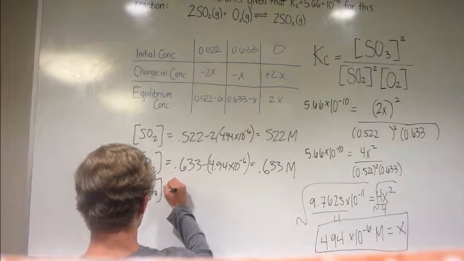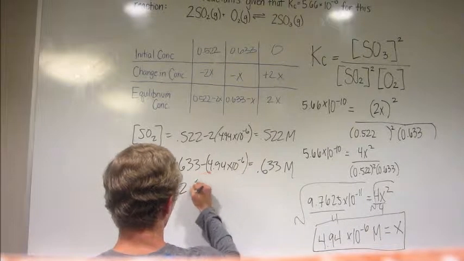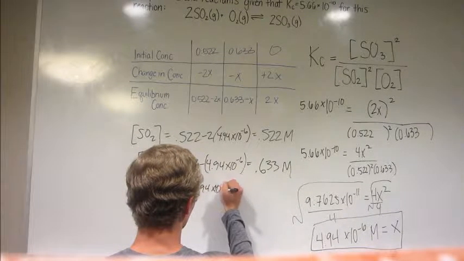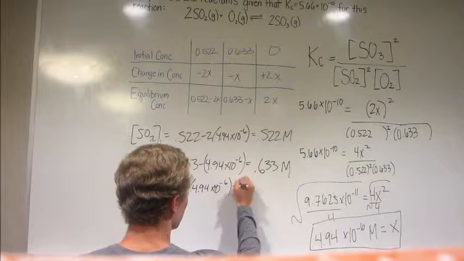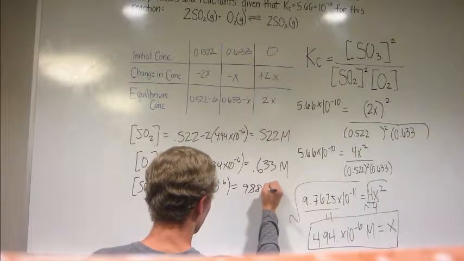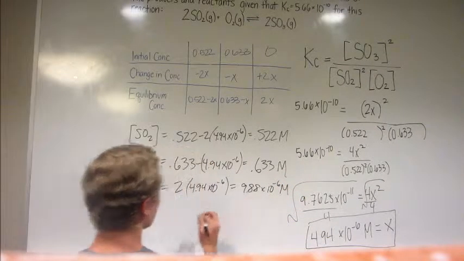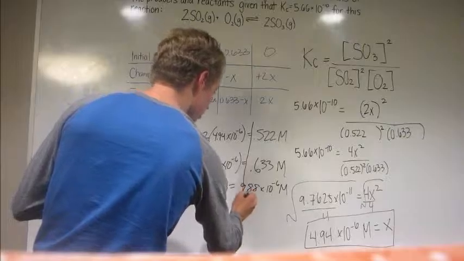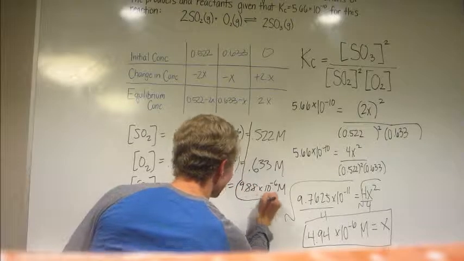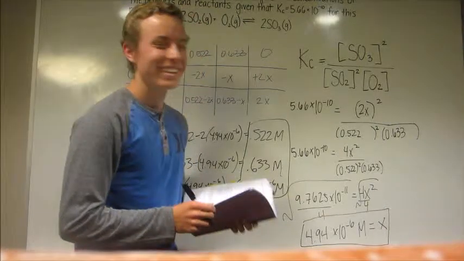And for the concentration of SO3, it's going to be 2x, so 2 times 4.94 times 10 to the negative 6th, and that equals 9.88 times 10 to the negative 6th molar. So here are your final concentrations. And now you're done with the problem. Thank you, Eric.